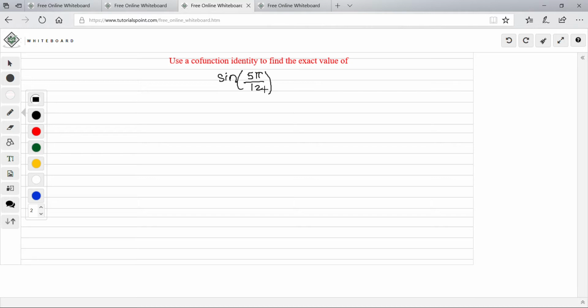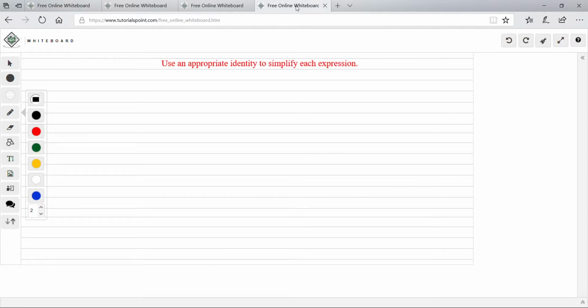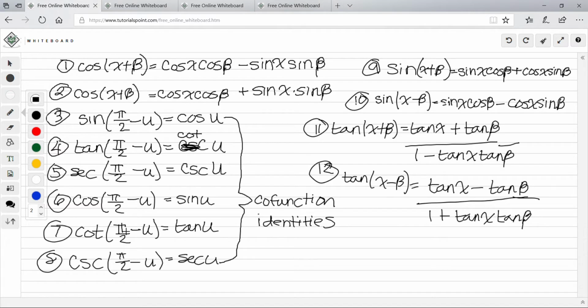So going back, you can look at the formula if you need to review it. The cofunction identity is from 3 to 8. So I will use number 6: sine of u equals cosine of pi half minus u.